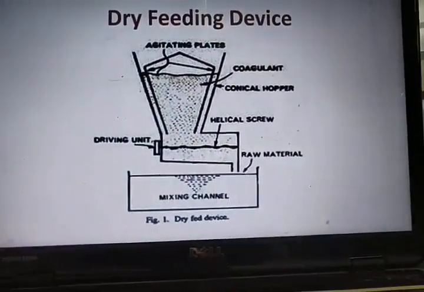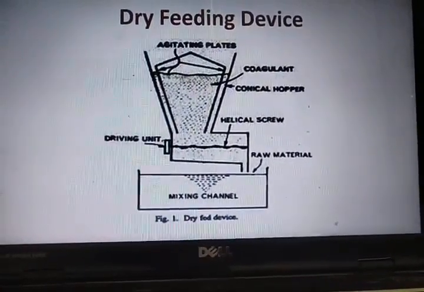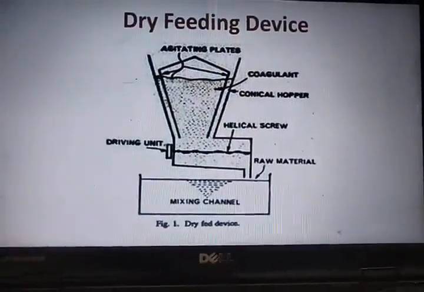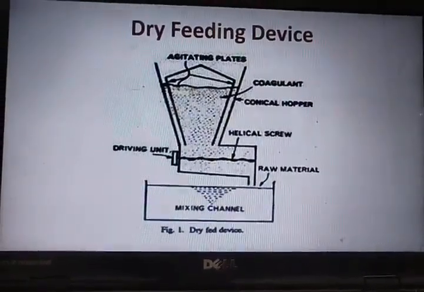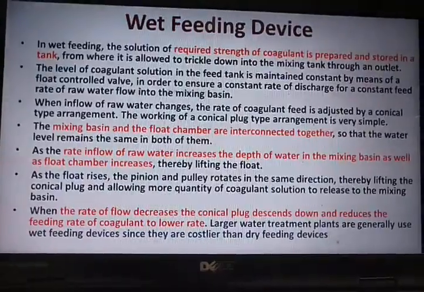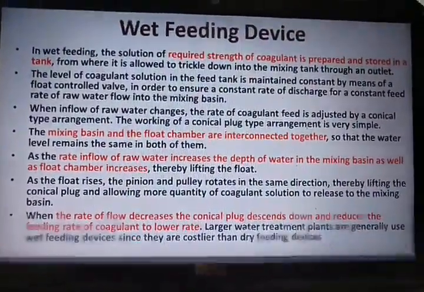So these are the two types of dry feeding devices used in the feeding of alum, particularly in water treatment plants. Now we have something called wet feeding devices.